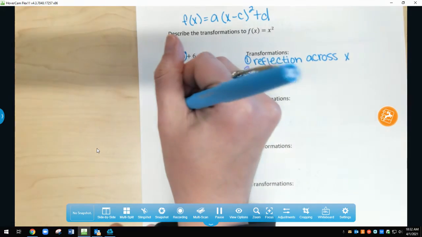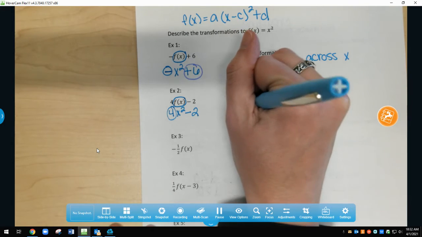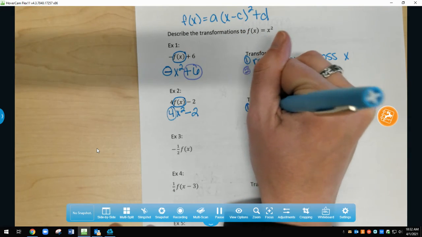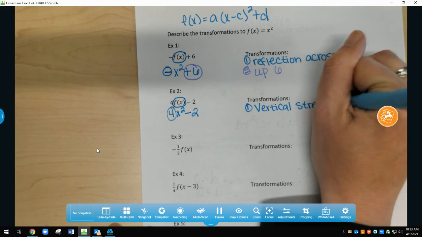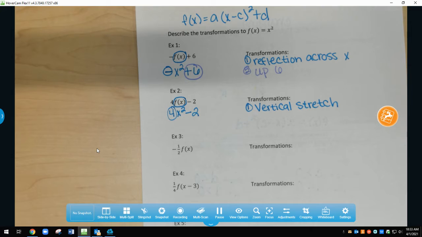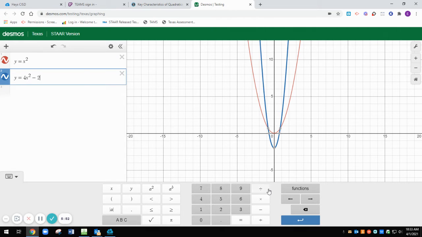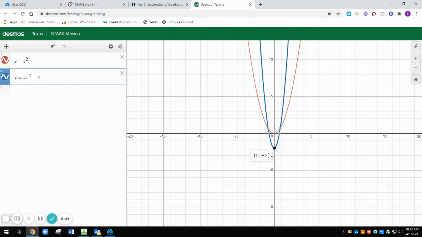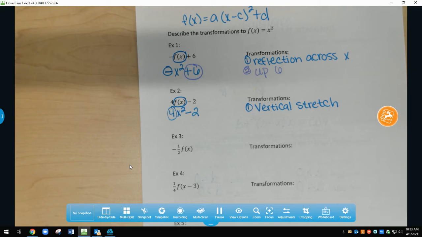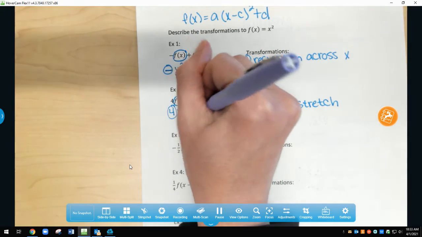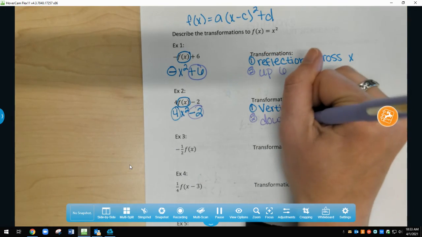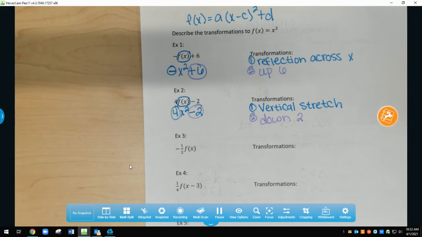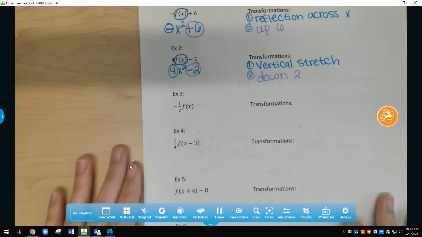Okay, and the 4 is what did that because that was our A. So it's a vertical stretch because it was skinnier. Okay, and the blue one also moved down 2. And that is because of this minus 2 at the end. So it translated down 2.